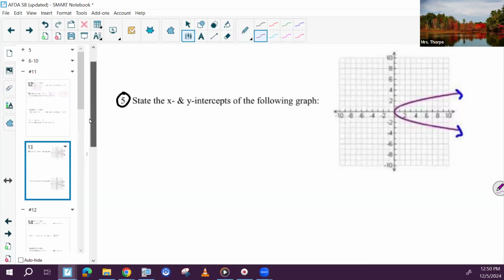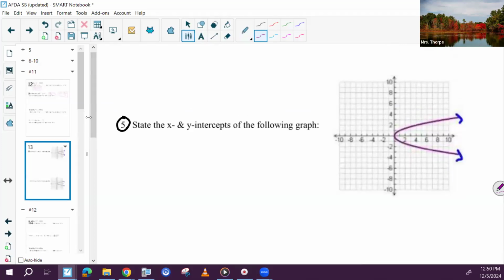For number 5, the x and y intercepts happen to fall at the same place, at 0, 0. So you should have both of those for x and for y.